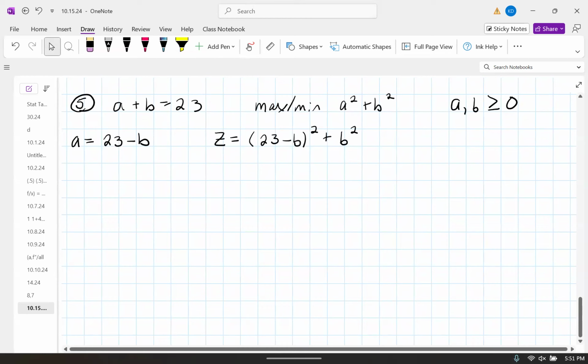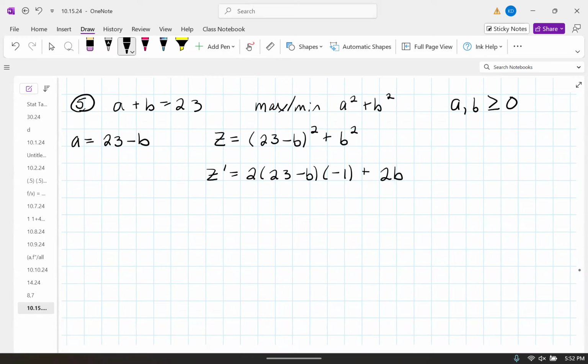I'm going to do the chain rule, but it really doesn't matter. You could expand that. 2 times (23 minus B) times -1 plus 2B. So don't forget your B is negative on the inside, so you have to multiply by its derivative, -1.